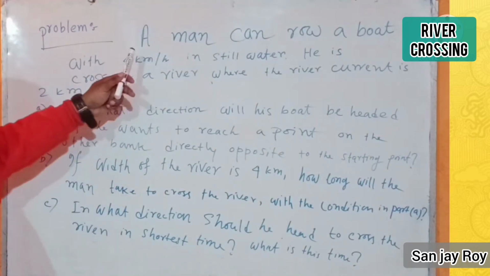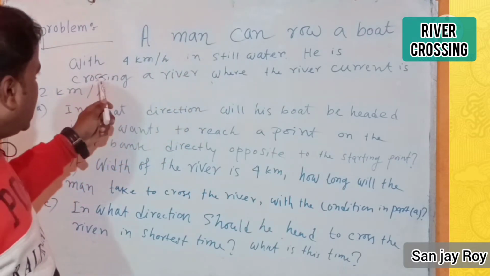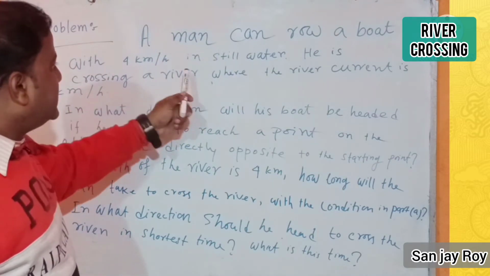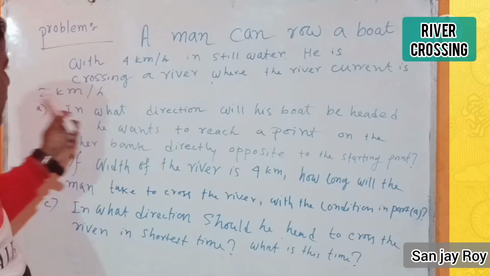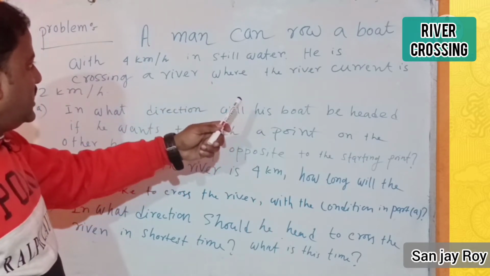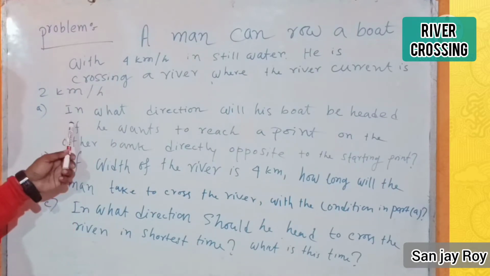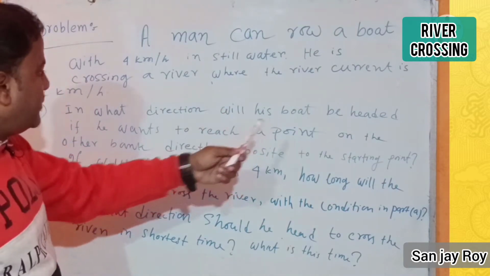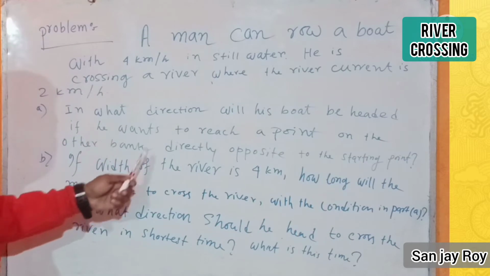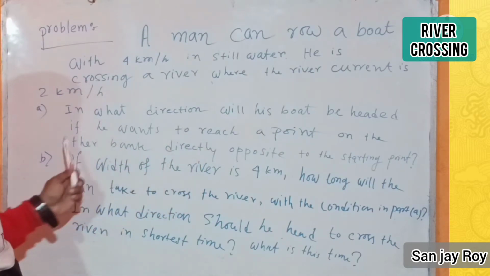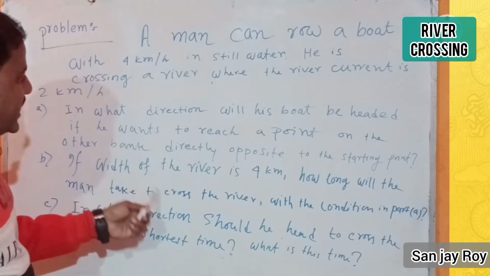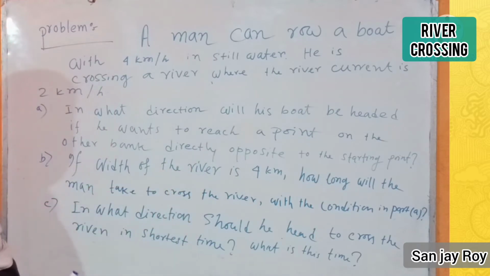Repeat, a man can row a boat with 4 km per hour in still water. He is crossing a river where the river current is 2 km per hour. First question, in what direction will his boat be headed if he wants to reach a point on the other bank directly opposite to the starting point?